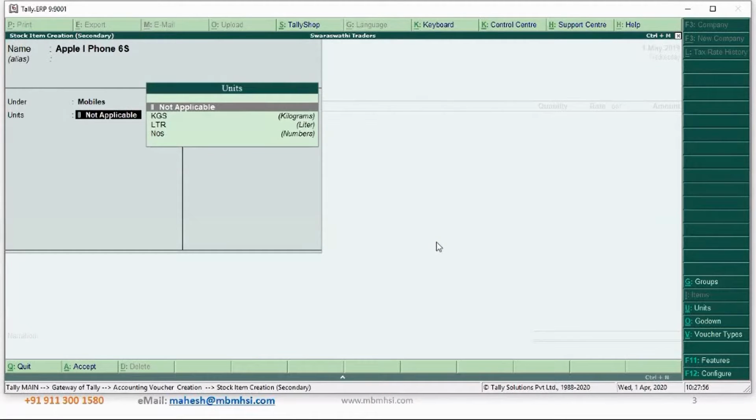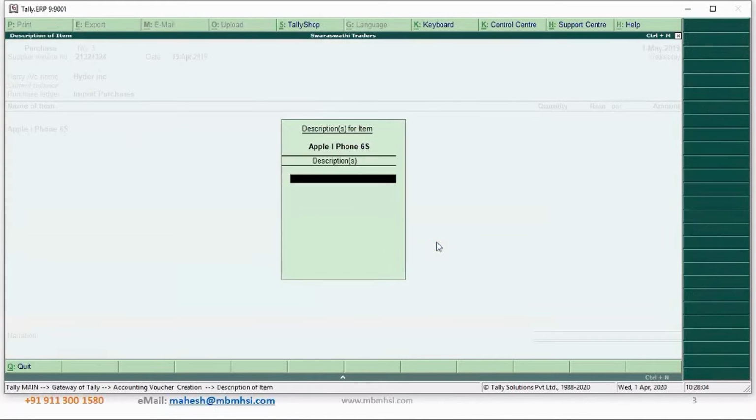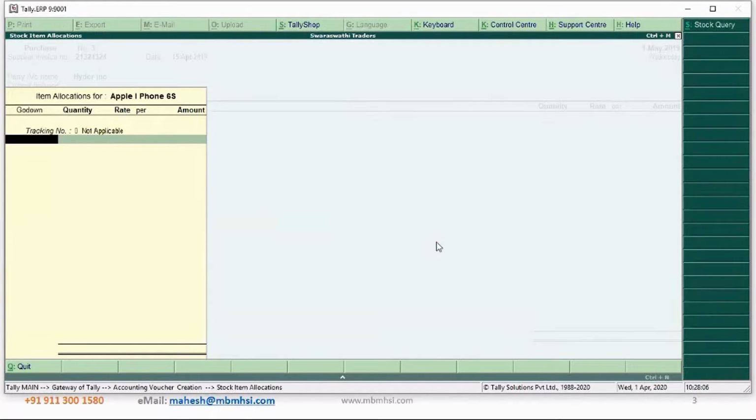Now how does the unit of measure work? It's numbers. I'm importing 100 quantity. Now in the rate, this is where you need to be a little careful. At what rate are you buying?